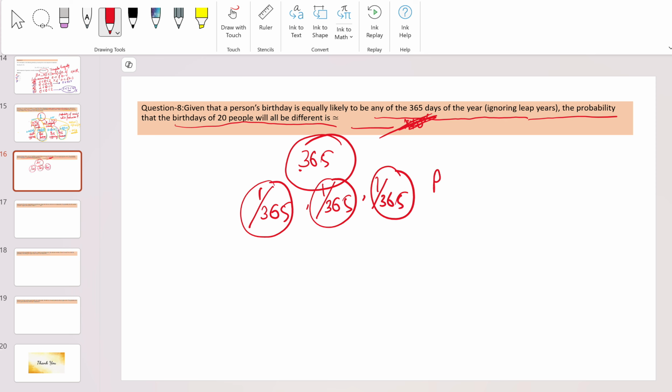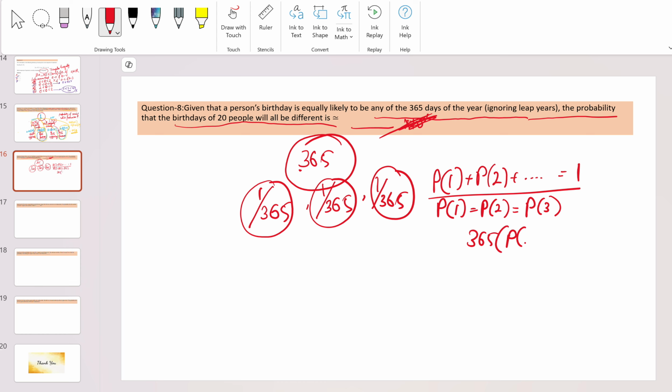It means that probability 1 plus probability 2 plus and so on is equal to 1, and all are equal. So 365 times p of 1 equals 1, that is, p1 equals p2 equals and so on up to p of 365 equals 1 upon 365.